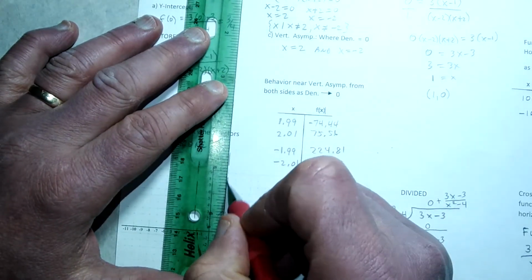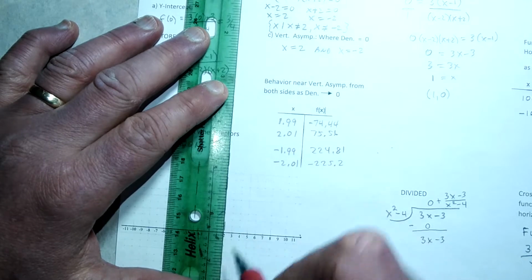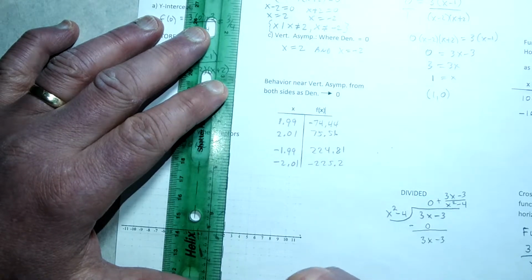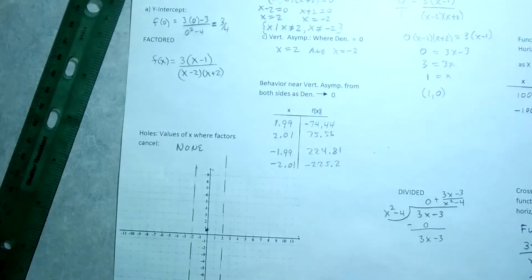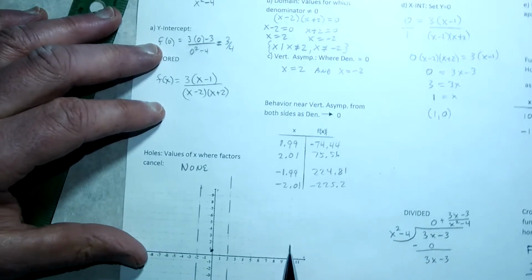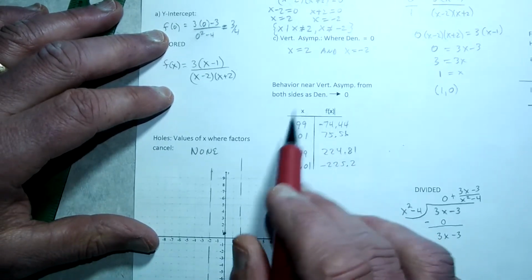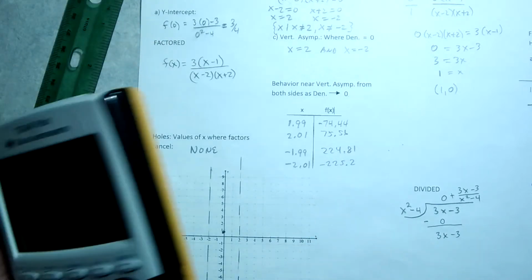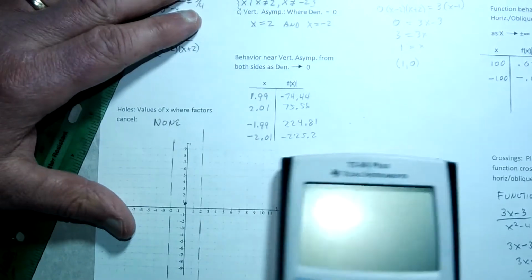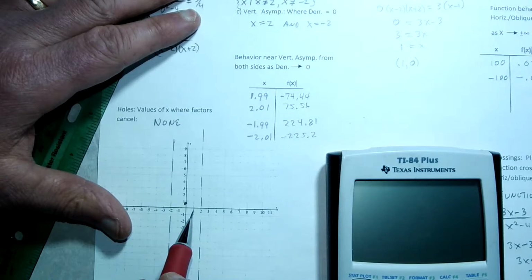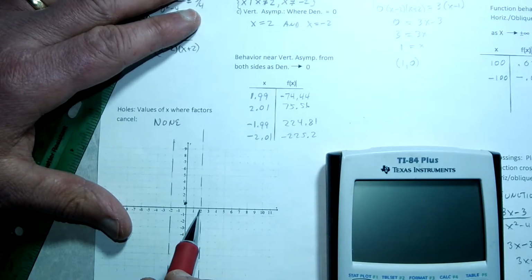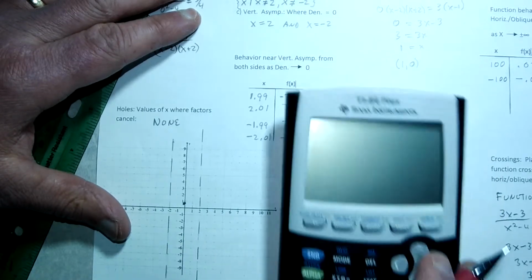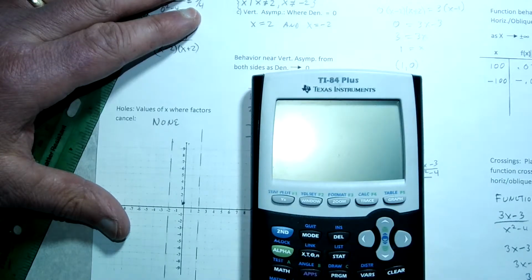On the video about asymptotes, I talk more about why we end up with that extreme. But real quickly, I found these values from the table feature, and I'll show you one. Where I am approaching 2 from the left side, like 1.99, if I turn this on, I already have my function in there.